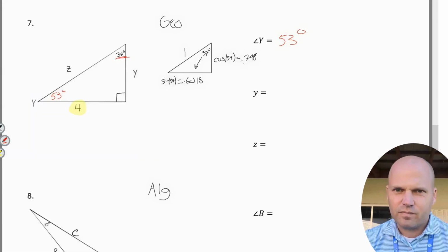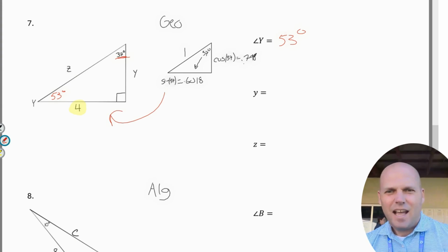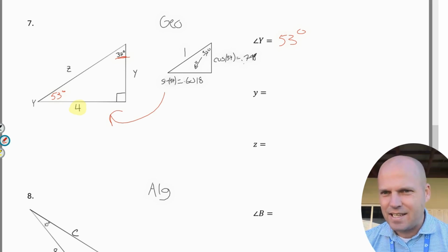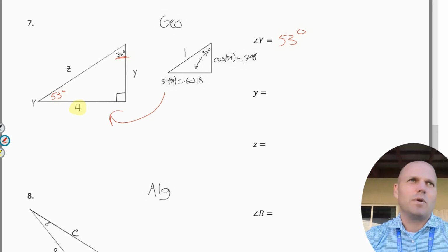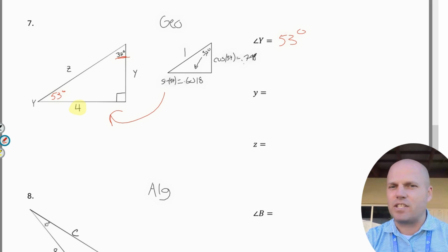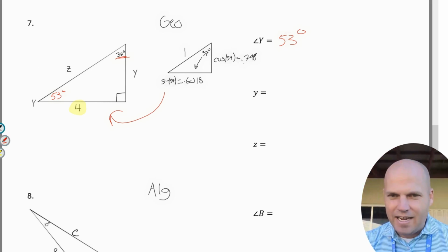Now, this is 4. Ugh. What? How can we take 0.6018 and turn it into 4? Well, we have to figure out how many times bigger 4 is compared to 0.6018. What do? We divide.